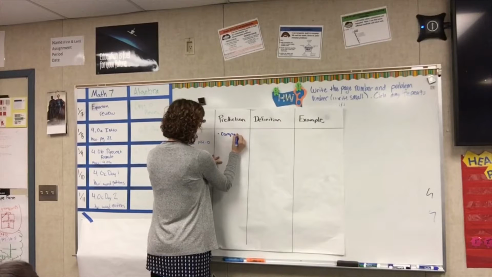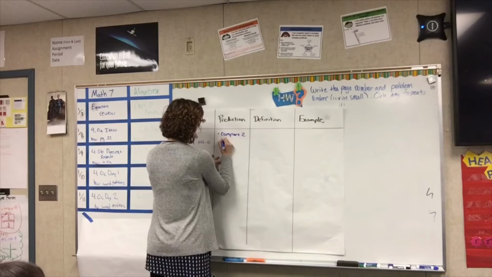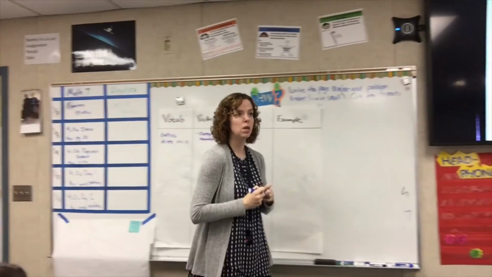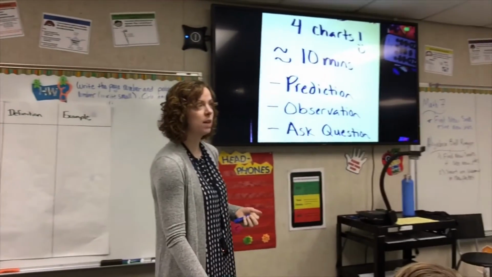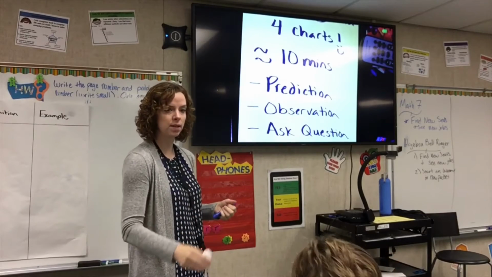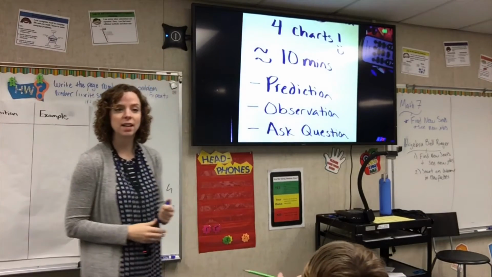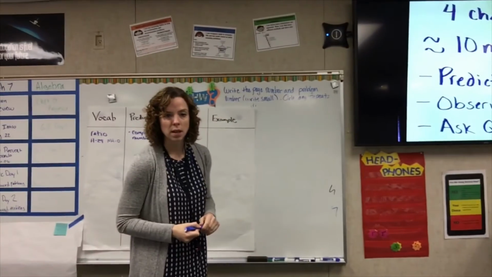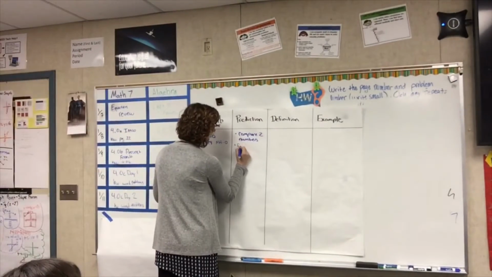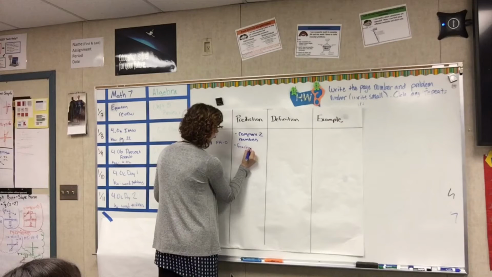Comparing 2 numbers. Okay, so compare 2 numbers. Okay. How about Pierce College? Number 1. Who's number 1 for Pierce? Okay, what did you guys say? It's like a fraction or decimal.